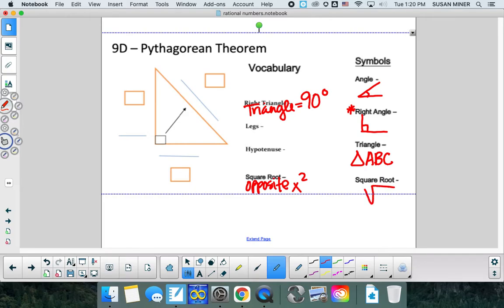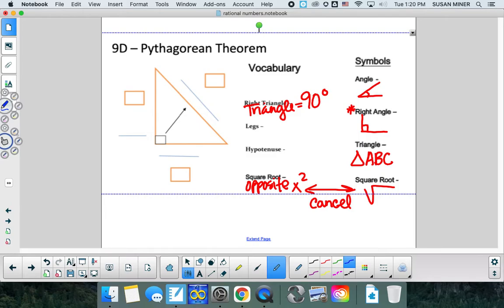The square root is the opposite of x squared, the exponent of 2, and these two things, the root and the exponent of 2, cancel each other out. We're going to need to remember that, something we've been talking about in this unit, as we start working with right triangles today.